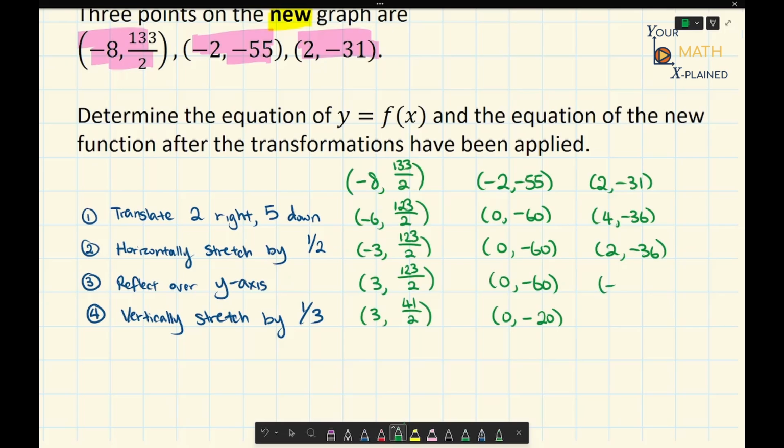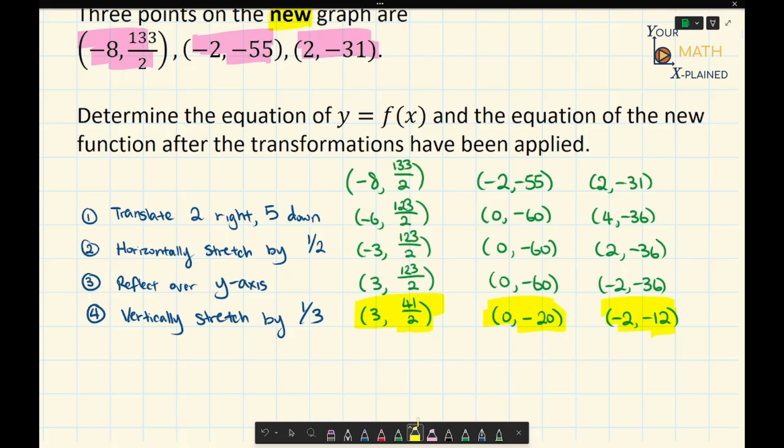Reflection over the y-axis will give us (-2, -36). And then the vertical stretch will finally get us to (-2, -12). So these 3 points are the 3 points that were on the original graph for the function y equals f of x.